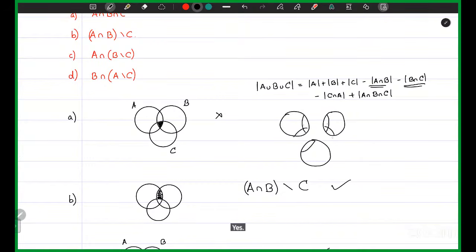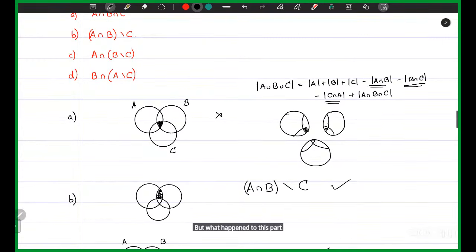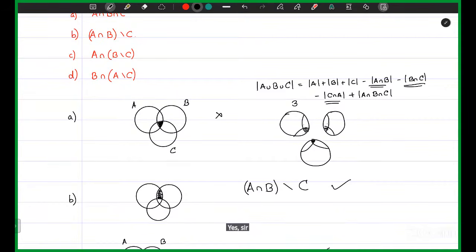Or this part, whichever is your favorite. Now I remove all the parts that have been added twice, once each. But what happened to this common part? I added it 3 times when I added the cardinality of A plus cardinality of B plus cardinality of C. I added those elements 3 times, once in A, once in B, once in C. Correct?